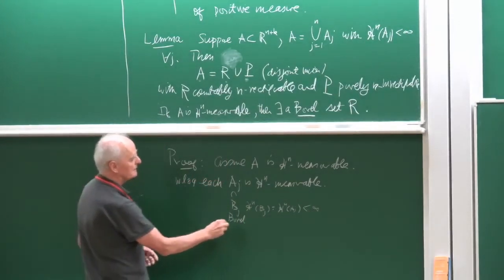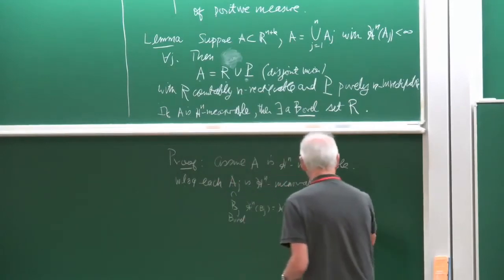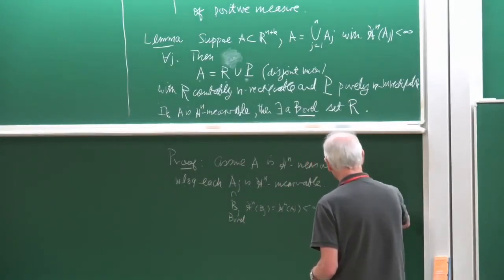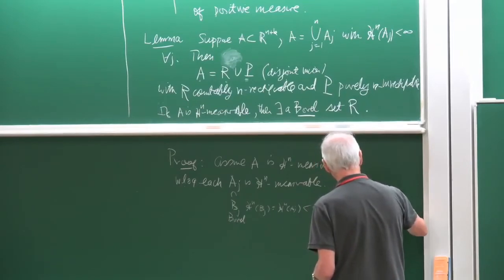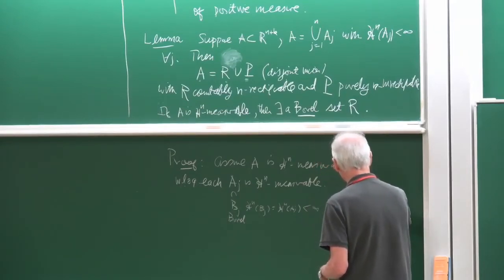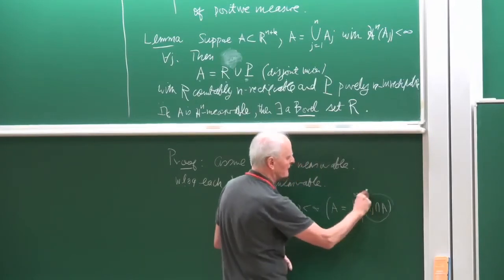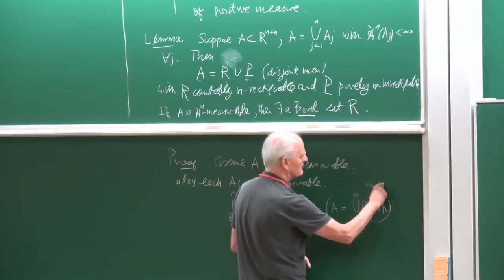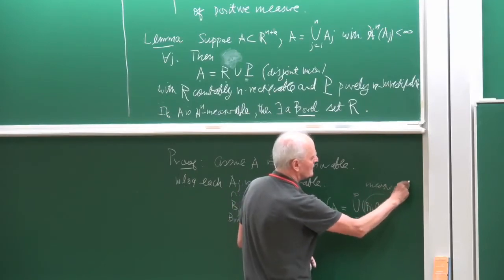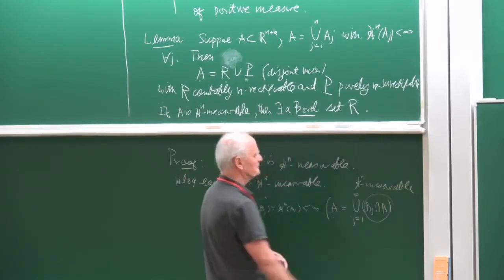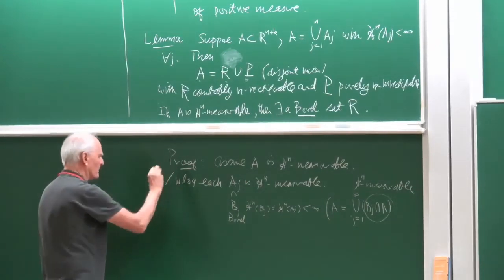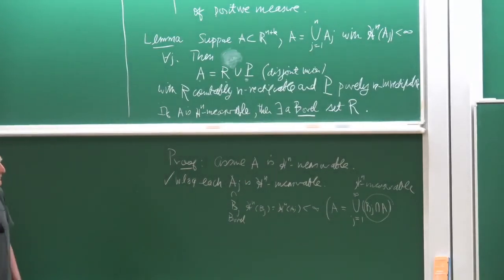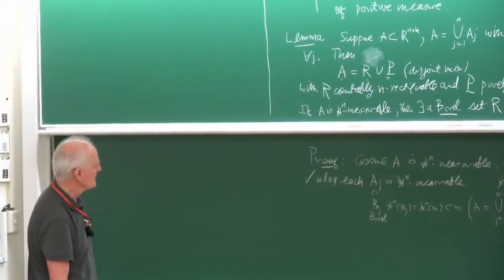And then you can write A equals the union of B_j intersect A, j equals 1 to infinity, and each of these is now H^n measurable. So no problem. We can assume that each A_j is H^n measurable just by using the Borel regular property of Hausdorff measure.